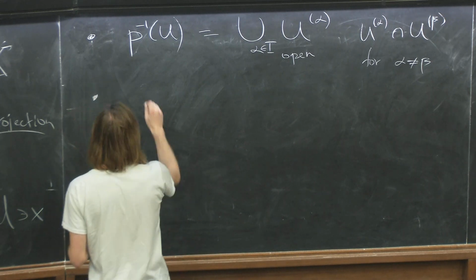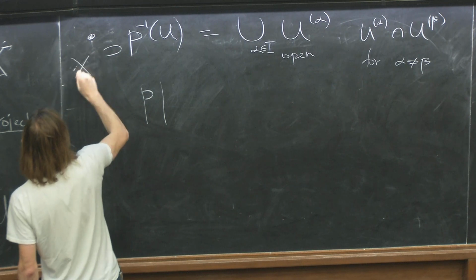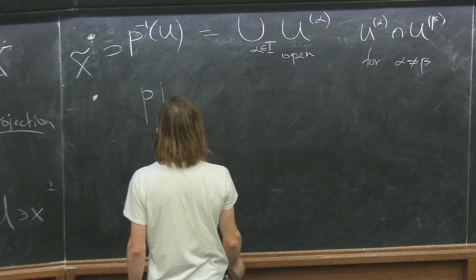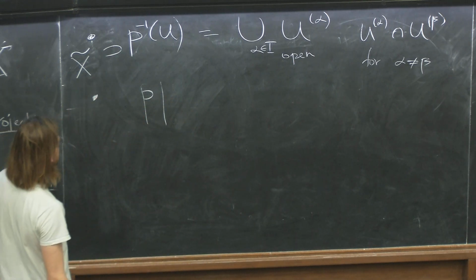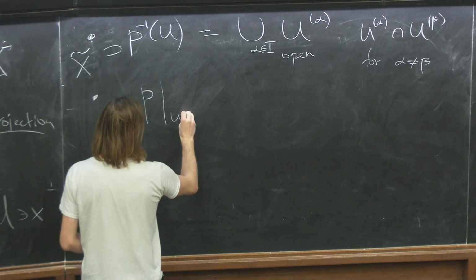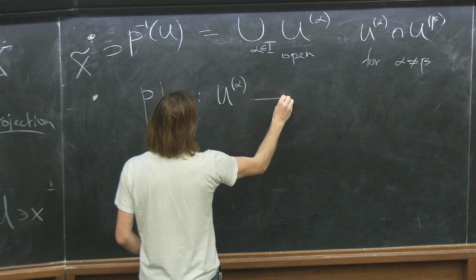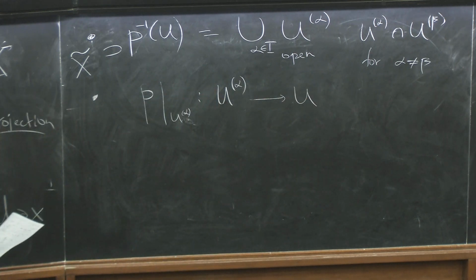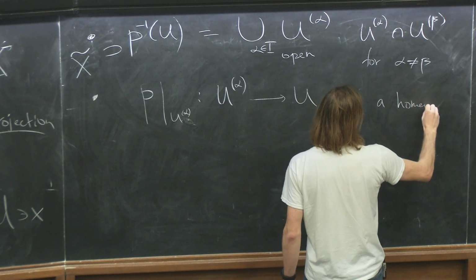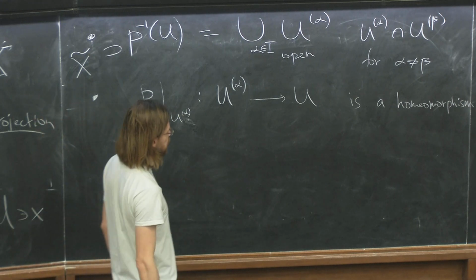And moreover, each of these U_alpha is an open subset in X tilde, and one can restrict our map P to this subset U_alpha for some fixed index alpha, and this will be a map from U_alpha to U, and this is required to be a homeomorphism. A bijection, continuous, and the inverse is also continuous.